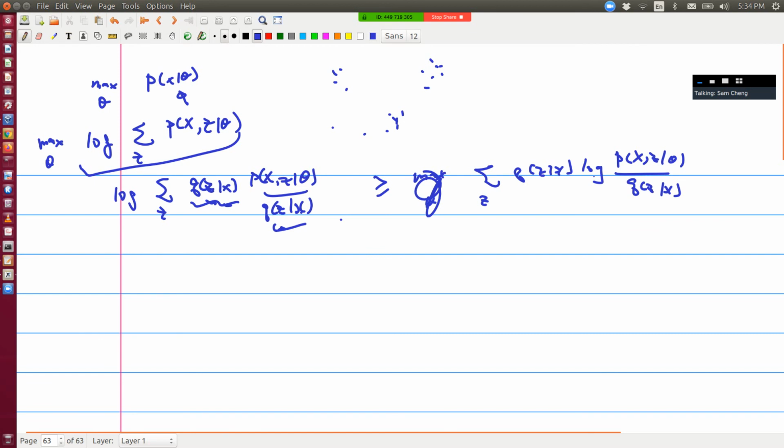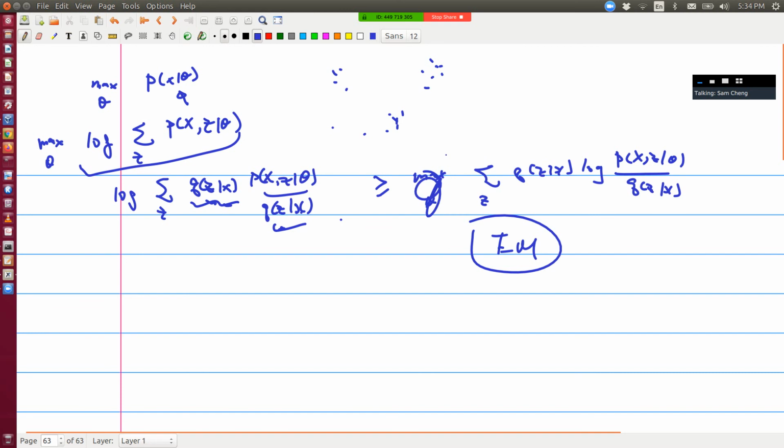But you see, what we are doing is essentially the main idea of EM. Instead of maximizing this guy, we are actually maximizing a lower bound.